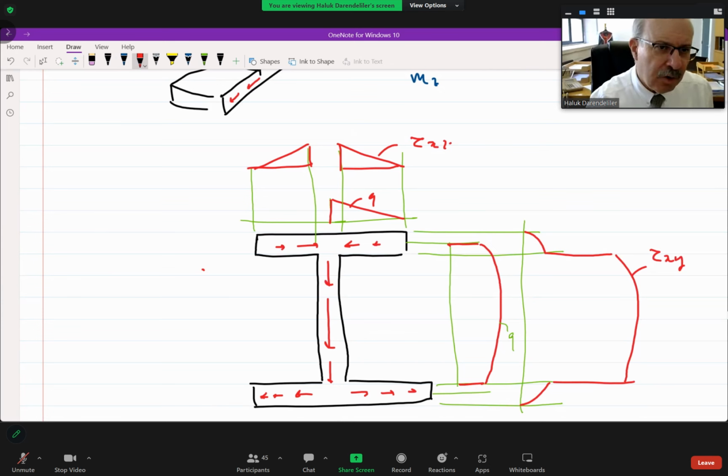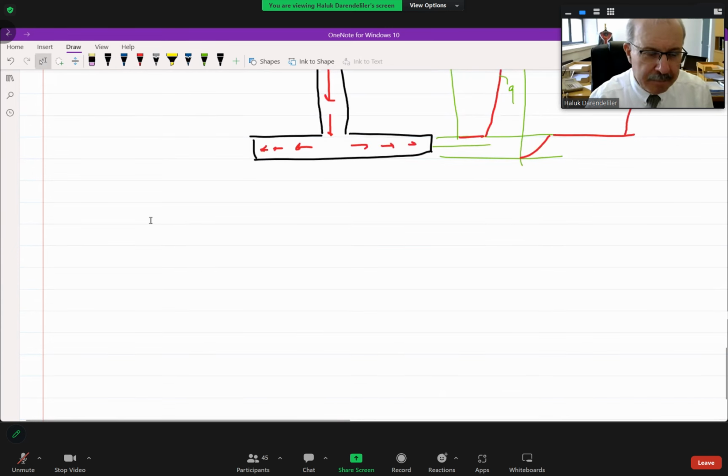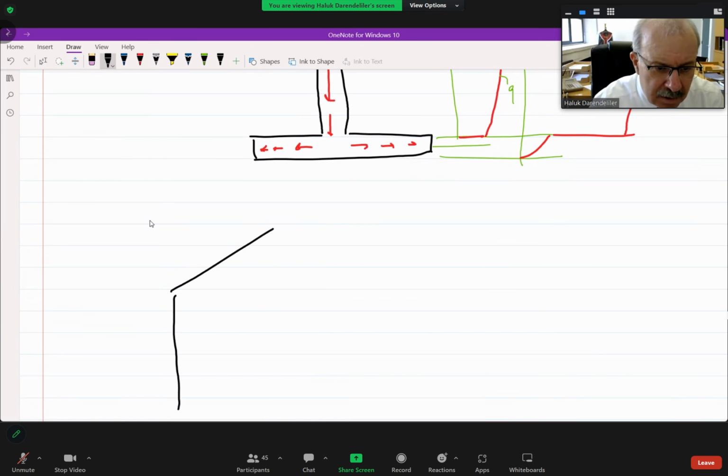Now, this is for an I-beam. If we had a closed box, the situation changes a little. Say that we have such a box. The only difference is this. If your beam has such a cross section, you have just a closed box cross section like this.